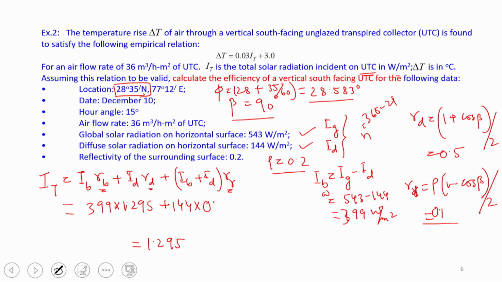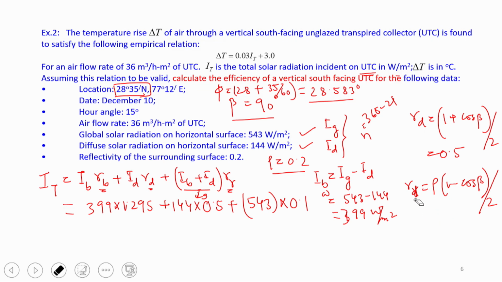RD is 0.5 and then this is nothing but IG, and this IG is 543 multiplied by 0.1. So now you can tell me what is this value. Okay.